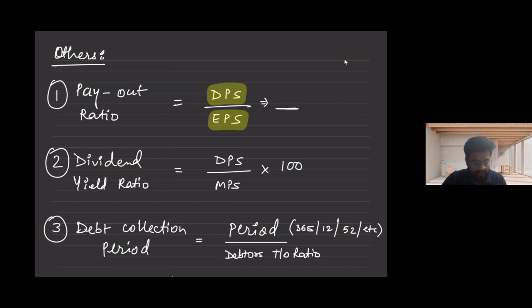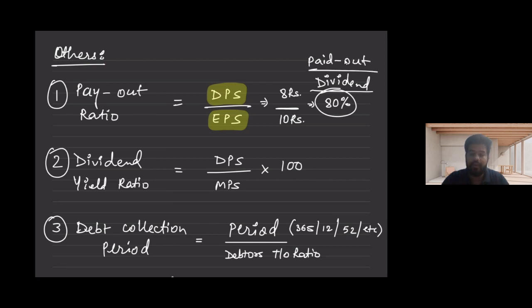Let's say the company has earned 10 rupees per share and has declared 8 rupees dividend per share. So I can say that here 80% of the company's earning is distributed as a dividend. This has been paid out to the shareholders. So that is why it is called payout ratio, my friends.